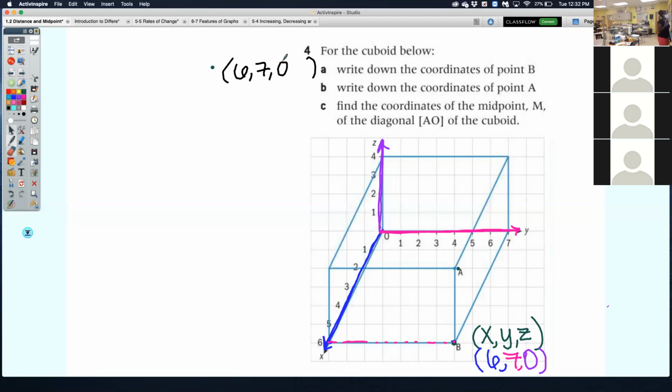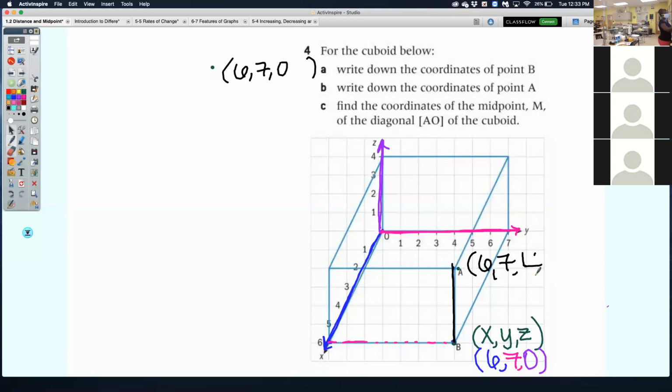Online, if y'all are having a hard time following along, y'all got to let me know, okay? A is literally right on top of B. So that means it has the same X and Y coordinates, but its Z is different. Like you said, what would it be for the Z coordinate? 4.